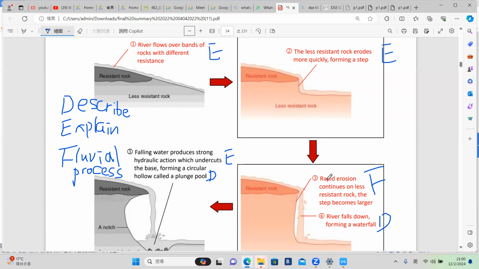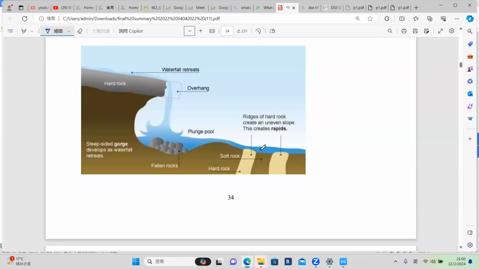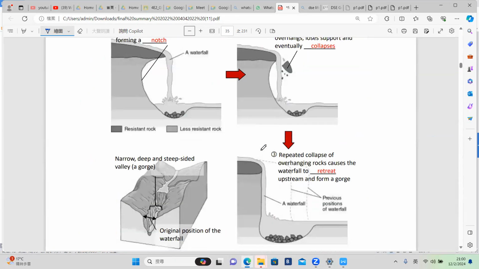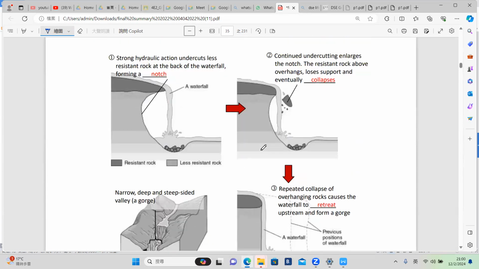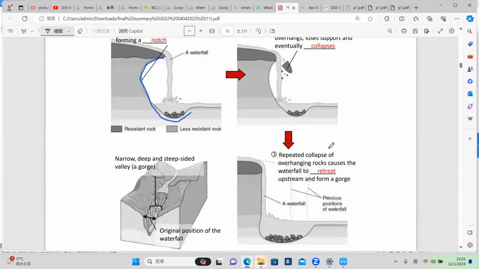If you can distinguish D, E and F, it is really not that difficult. Then the gorge is the further development of the waterfall. With more cutting, there is undercutting and a large plunge pool, and then the resistant rock overhangs, loses support and eventually collapses.